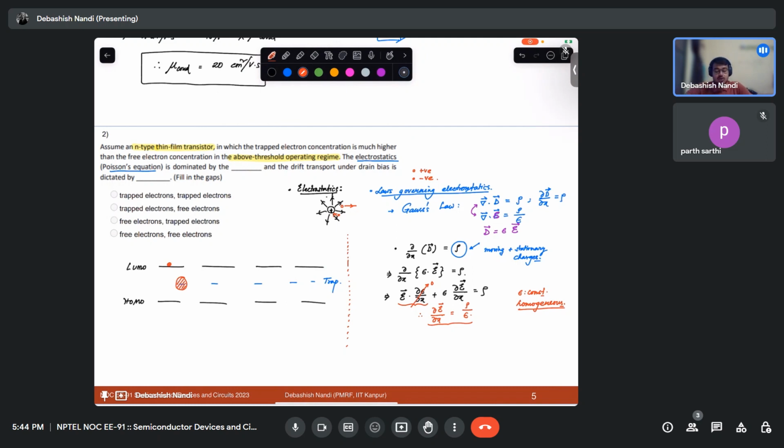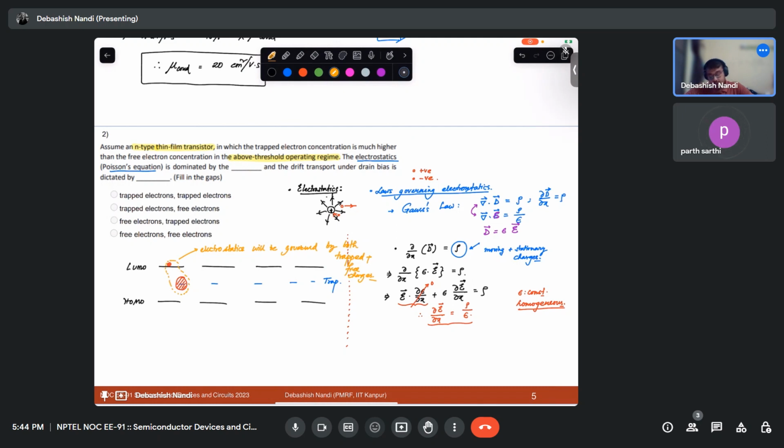Okay, so your electrostatics will be governed by the entire thing. Your electrostatics will be governed by both trap plus free charges. Do you agree on that?